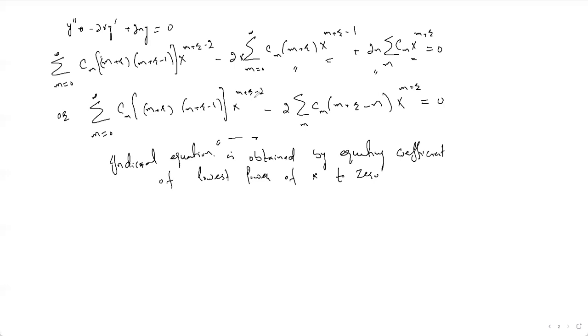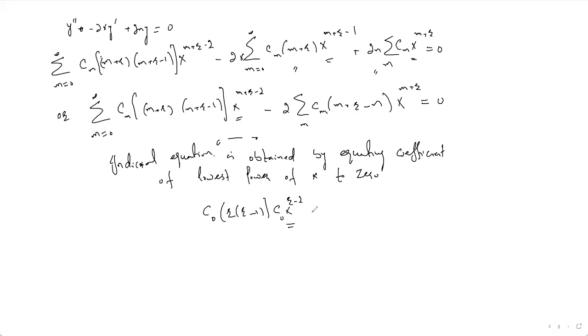So the coefficient of the lowest term, x raised to power r minus 2, is equal to 0. When m equal to 0, it will become c0 r into r minus 1, and then we have x raised to power r minus 2.